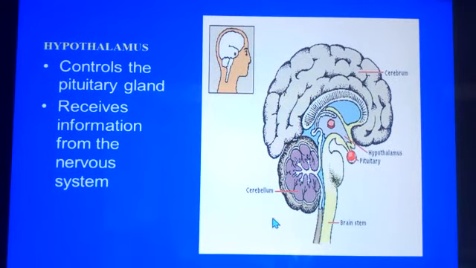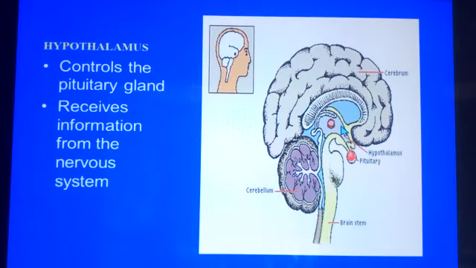Now, the hypothalamus is the part of the brain that we said controls the pituitary gland, and remember, its major role is homeostasis. Just check it out here, it is just below the cerebrum.